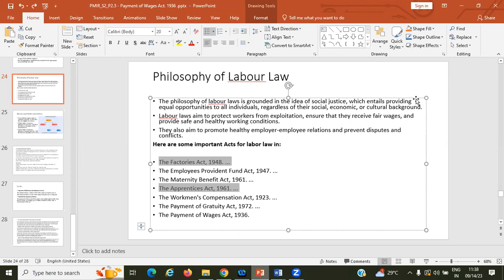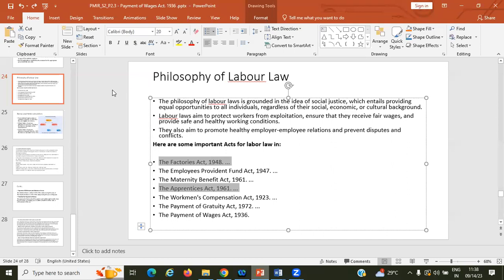First is putting social justice in place to bring everyone equal, irrespective of their religion, background and cultural differences, and to promote a healthy and good environment, a good relationship between the employer and employee. These are the main objectives and philosophy of labor law. All these acts revolve around these objectives.